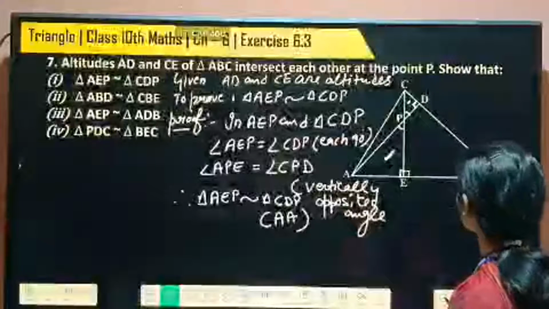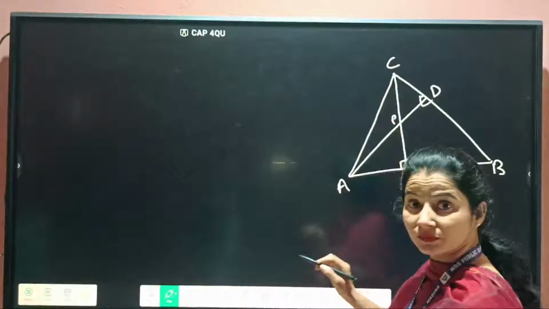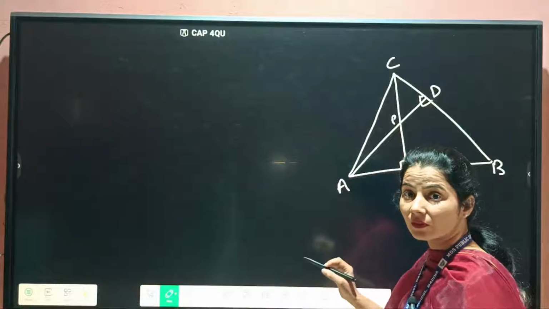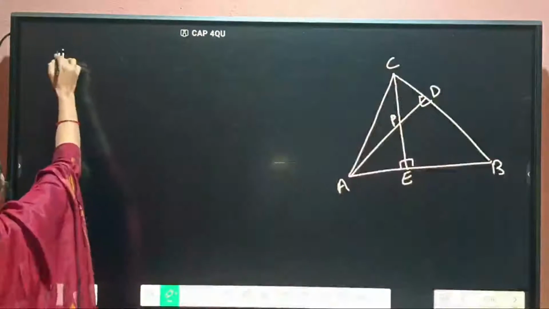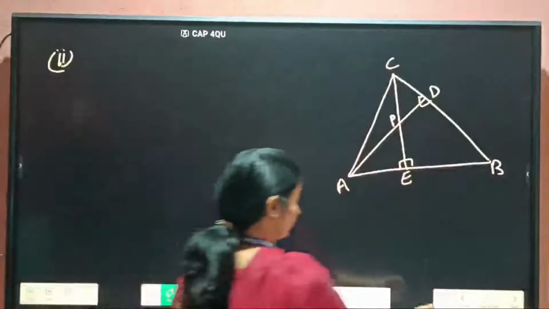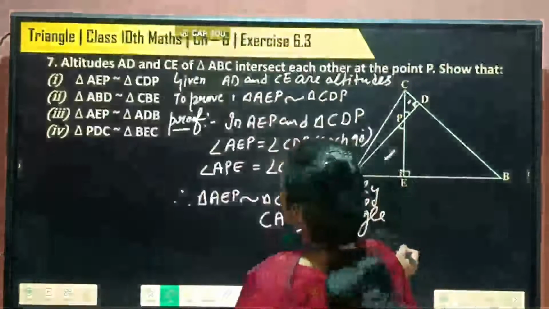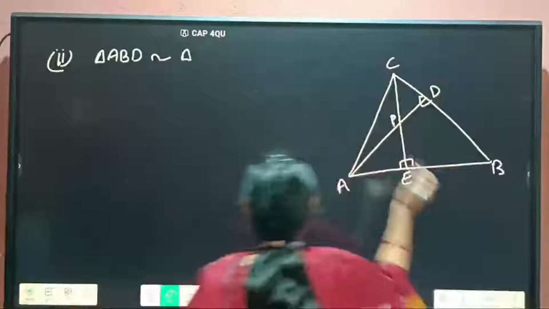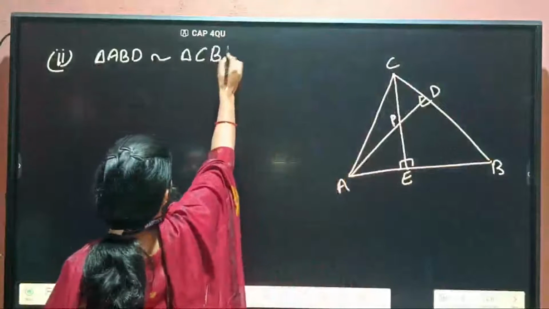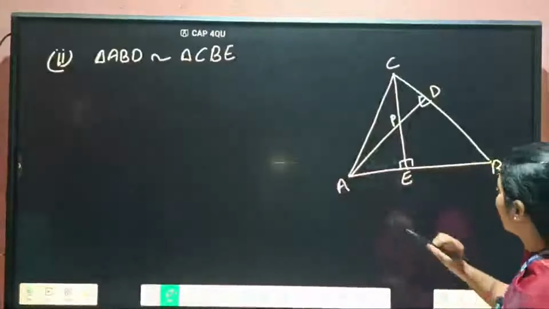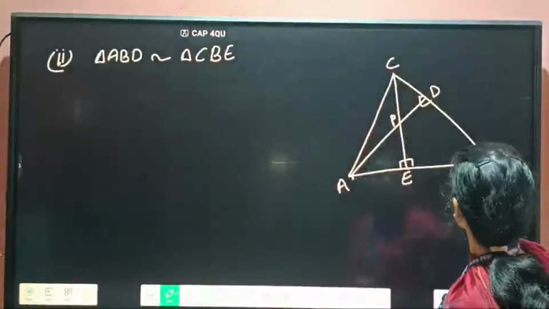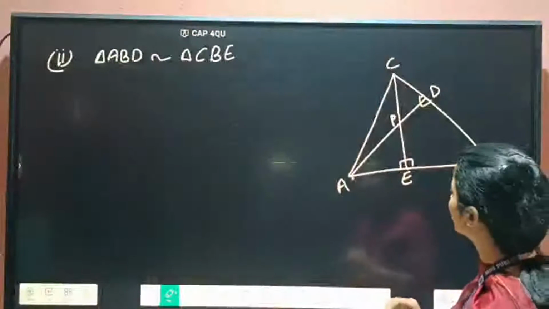Let us use the next page. Now, what is the second part? Second part is CBE. Let us identify these triangles here. ABD, this A, B, and D triangle, and CBE.